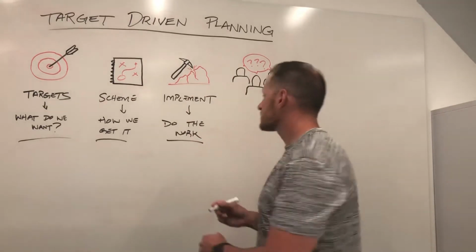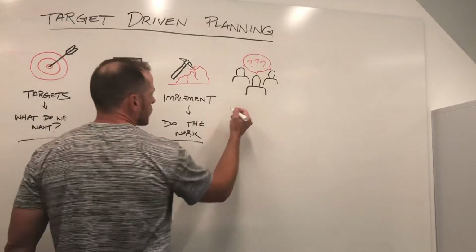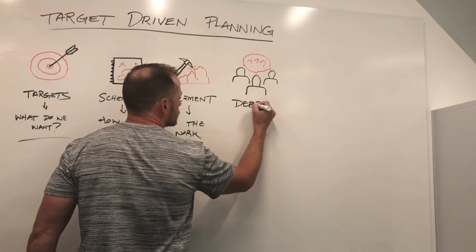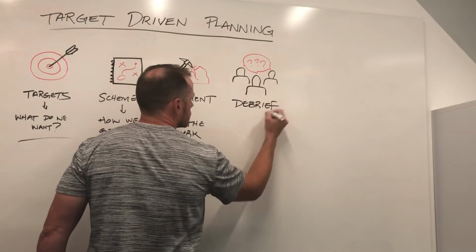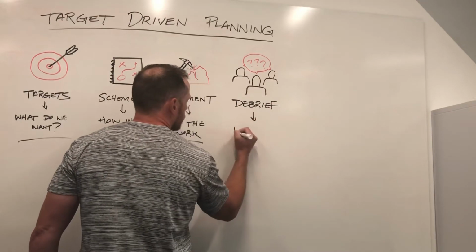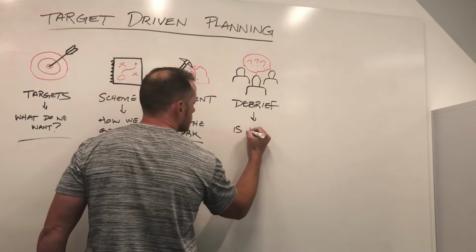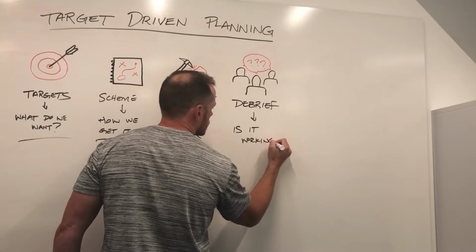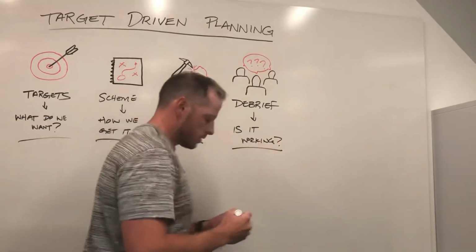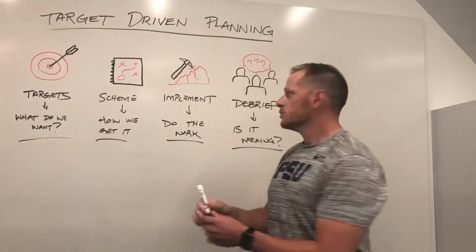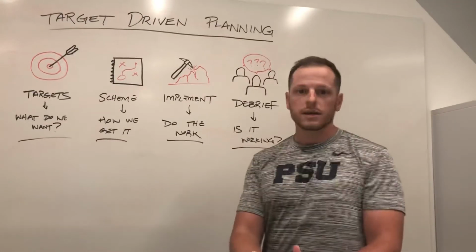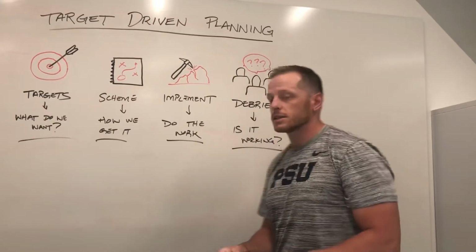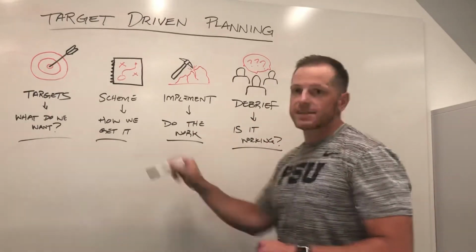And step 4, possibly the most important part, is to debrief. We think of this as, is it working? After you implement a plan, whether it's a short-term plan on a daily, weekly, monthly, or yearly basis, you're going to be asking yourself, is it working?